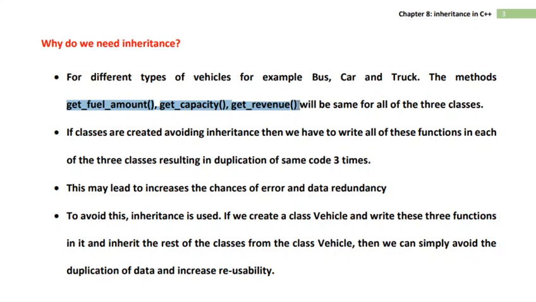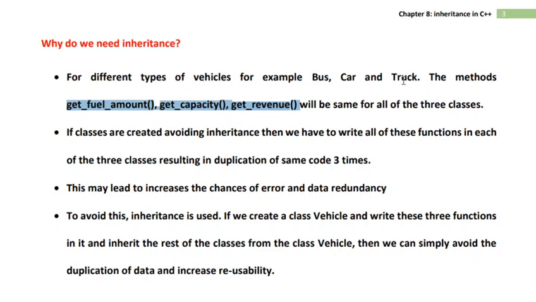Let us consider two different scenarios, one without inheritance and one with inheritance. First, let us start with a scenario where we are not considering inheritance. In this case, we need to have the implementation of these three functions done separately for bus, car, and truck.